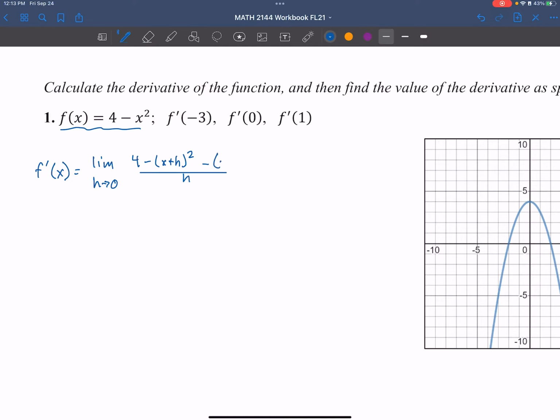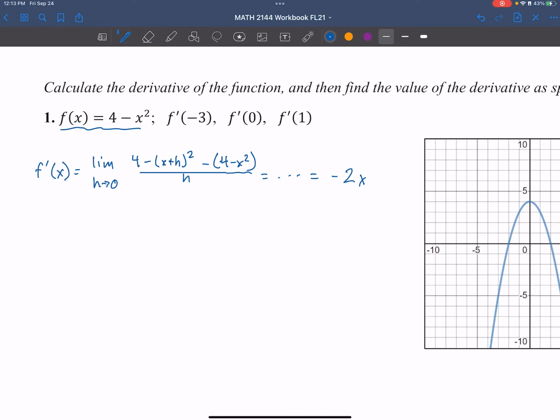If you go through this computation, you're going to end up with minus 2x. Yes, I did do that in my head.